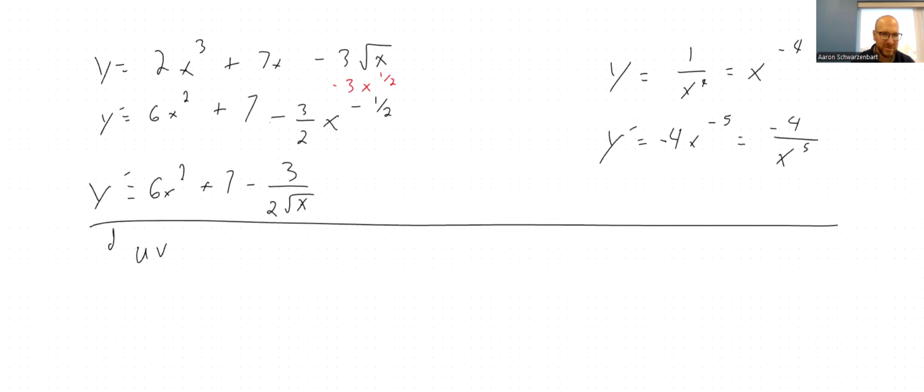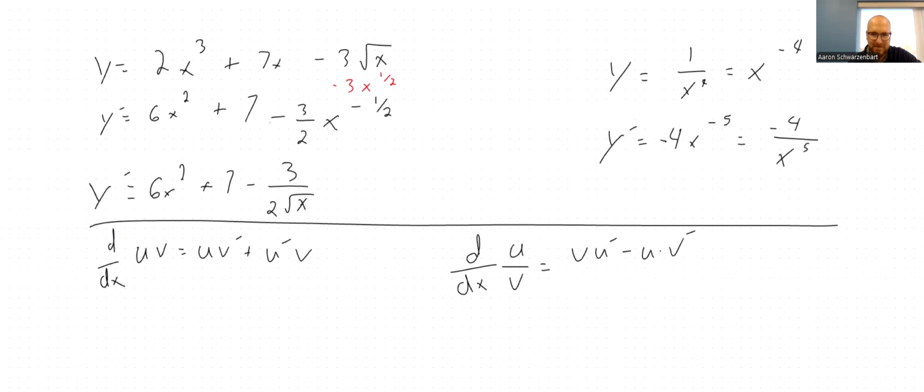The derivative of two things multiplied together: first times derivative of second plus second times derivative of first. The quotient rule, was that correct?